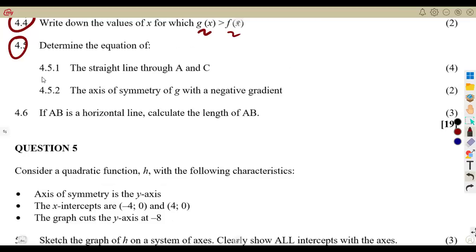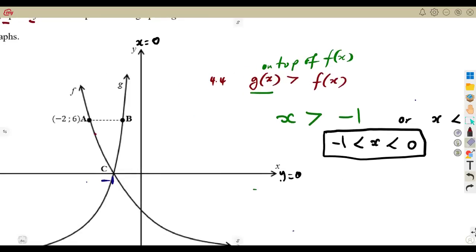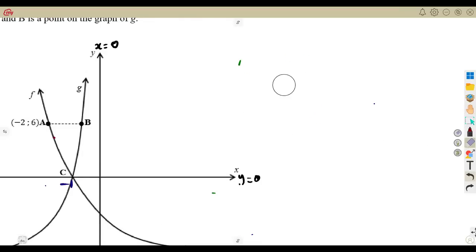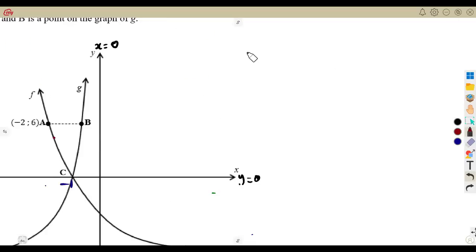4.5. Determine the equation on 4.5.1, the straight line through A and C. They want you to find the equation of the straight line between A and C. You're given the points there, A and C. That's 4.5.1.